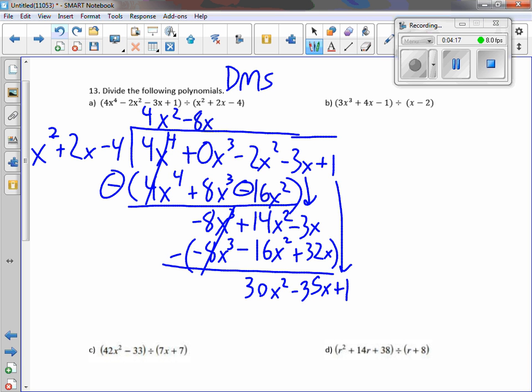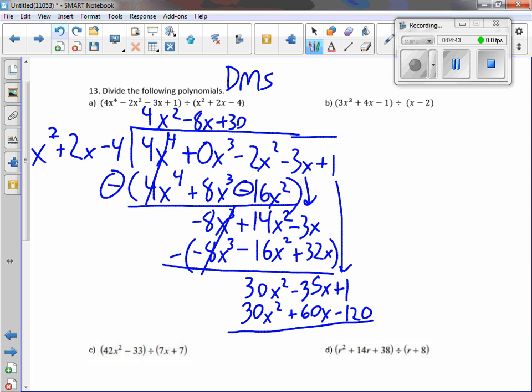First terms, 30x squared divided by x squared is positive 30. If you need to see that done out, that's 30x squared divided by x squared. The x squared cancels each other out. Now we multiply, we get 30x squared plus 60x minus 120.